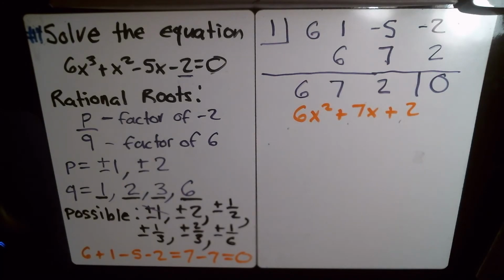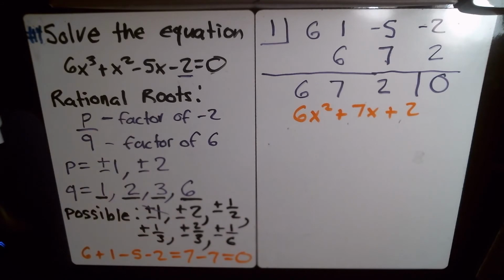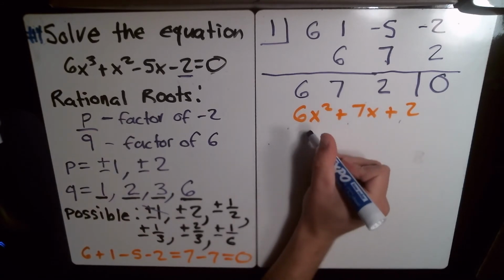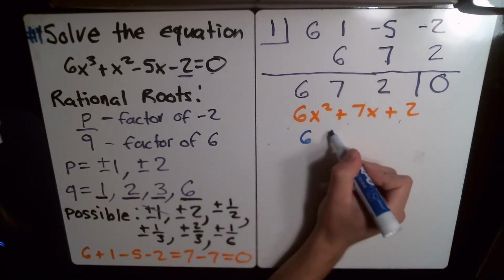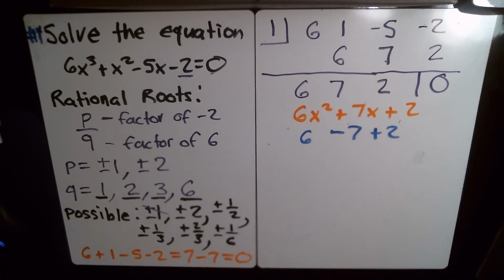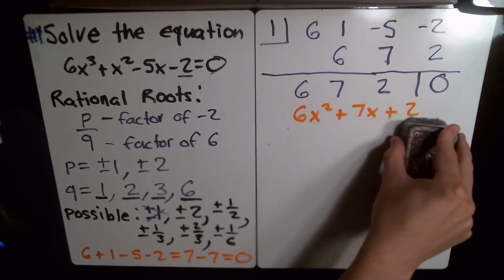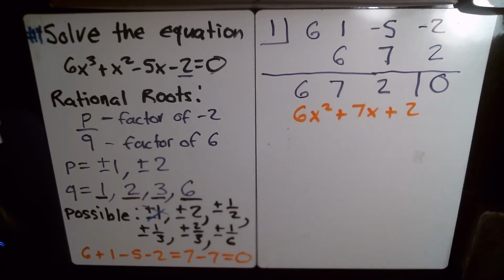Let's try negative 1. When I plug that in, I square negative 1, I get a positive 1, minus 7 plus 2. Okay, that's not quite right. So negative 1 is no bueno. We already said that positive numbers won't work in this because these are all positive coefficients.